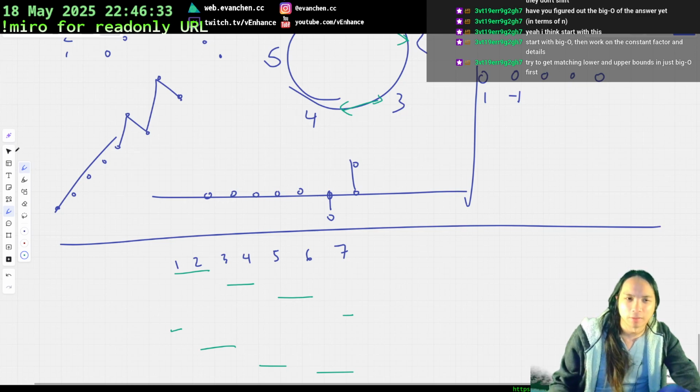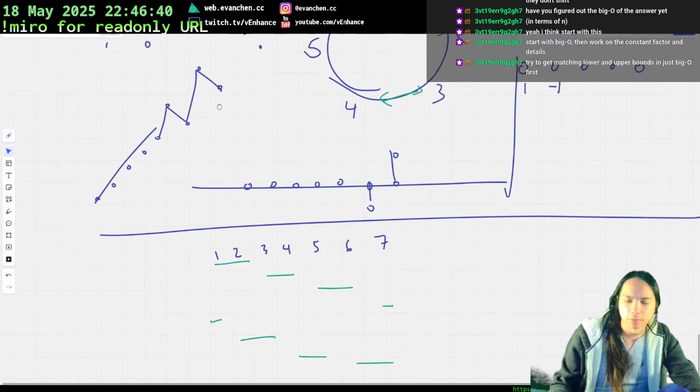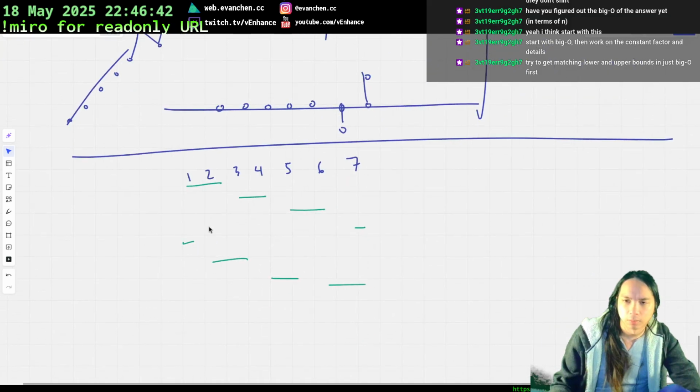What are the end states again? Even in the awkward thing, it's like 4, 3, 2, 1, as long as I invert most of the pairs.